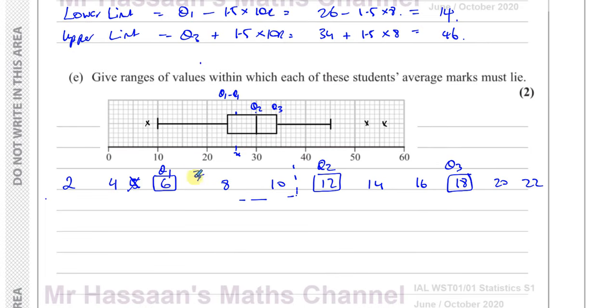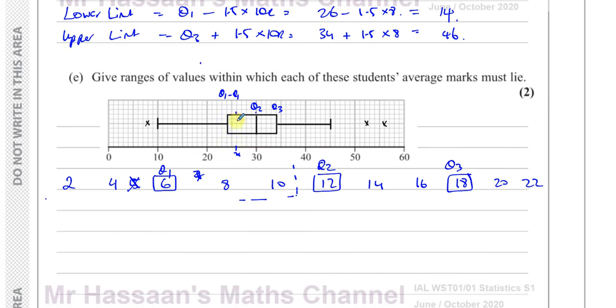So if the lower quartile moved from 24 to 26, then the number that must have been added here must be more than 24. In fact, it must be 26 or more, because 26 has to become the new lower quartile.